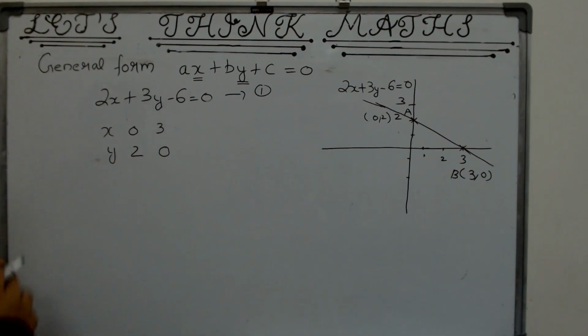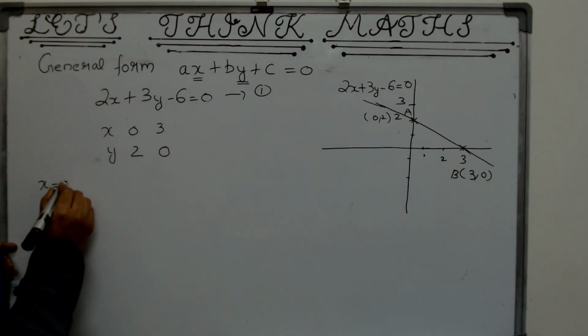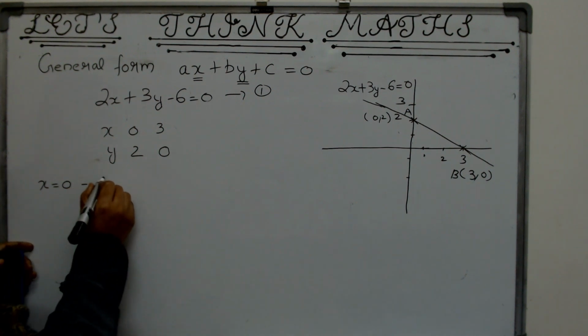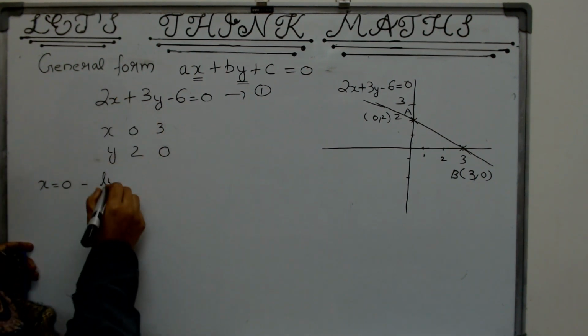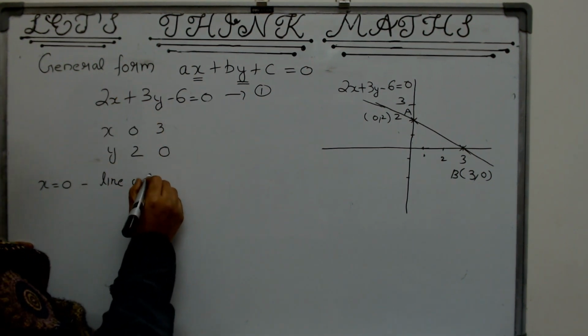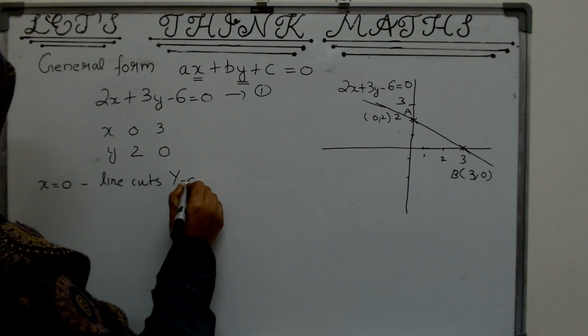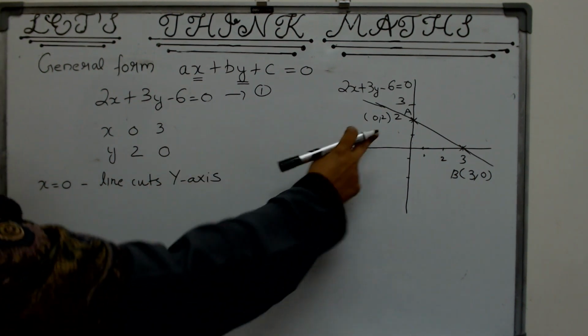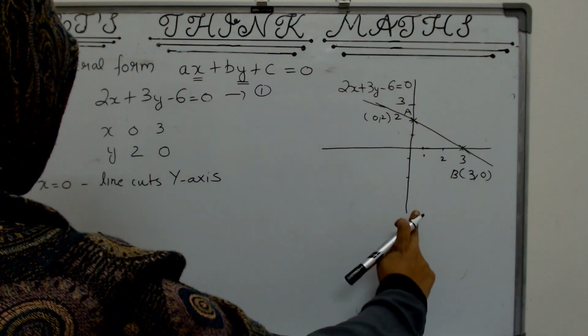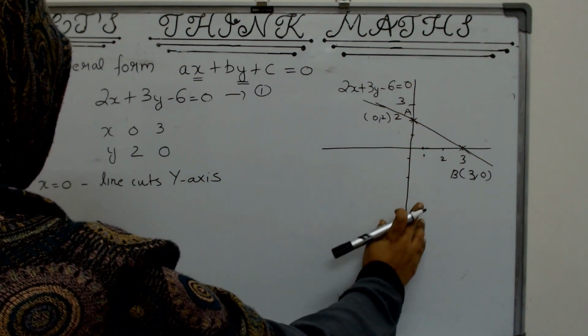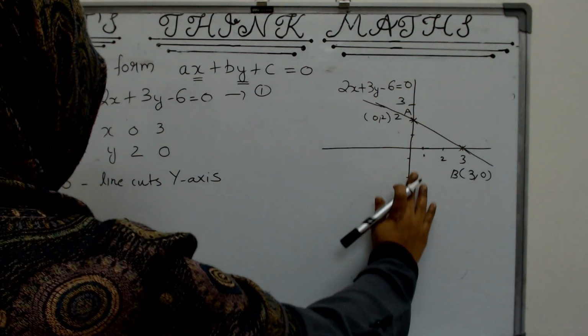What is it? The place where x is equal to 0 is the place where this line cuts the y-axis. Did you see that? Where is x equal to 0? The x coordinate is 0 only on the y-axis.